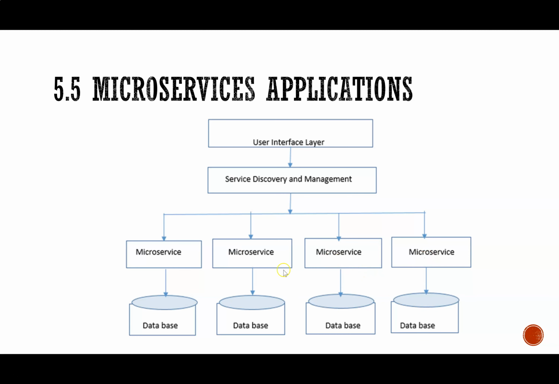The microservice, one or more microservices, will then handle the processes of sending and receiving data from the database layer to the service discovery and management layer to the interface layer. And so this layered approach of breaking applications into smaller, separate processes is very efficient.